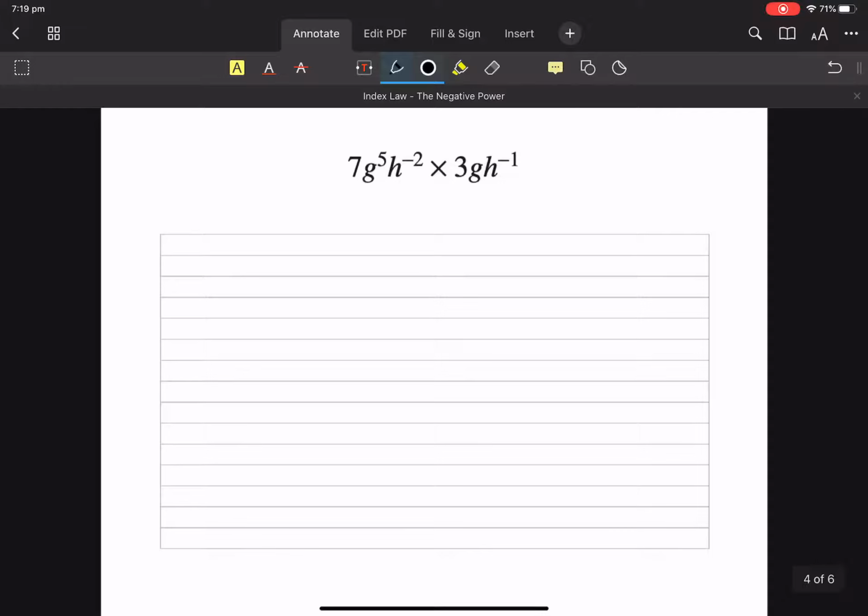Negative powers, let's just get straight into it. We know there's going to be a vinculum, so equals. So I'm just going to do one at a time. See that 7 goes there. Nothing happens to that. It stays on the top. The h goes down the bottom. The 3 stays on the top.